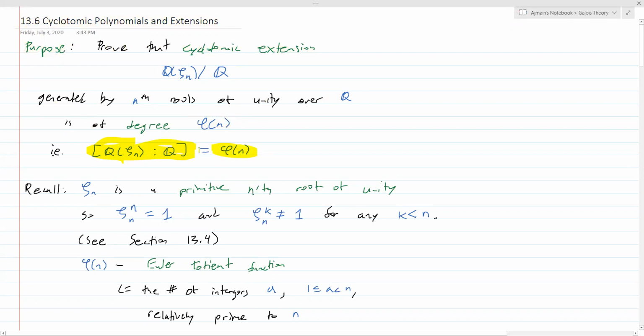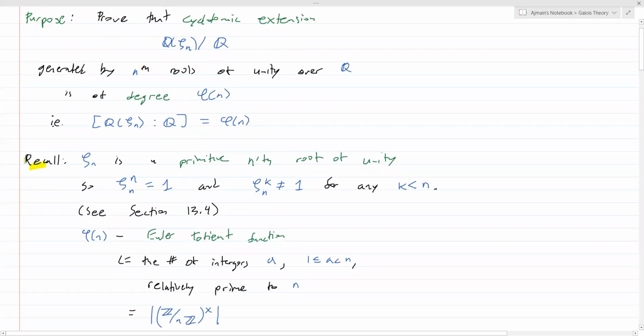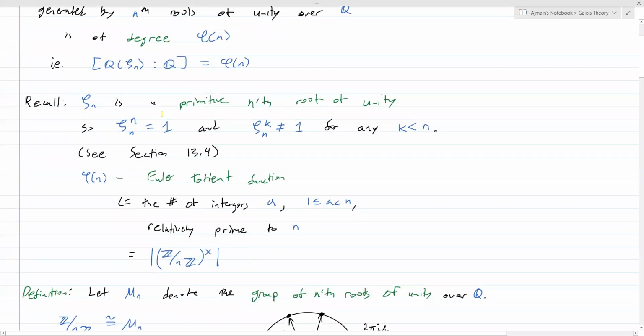So let me just remind you, what is the nth cyclotomic extension? First of all, zeta n is a primitive nth root of unity, meaning zeta n to the n equals 1. That's what it means to be a root of unity. And for it to be primitive, you need that zeta n to the k does not equal 1 for any k less than n.